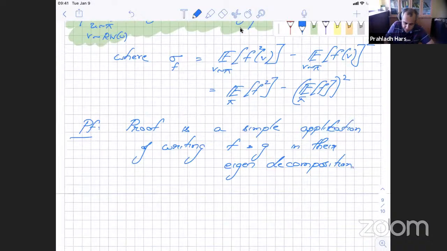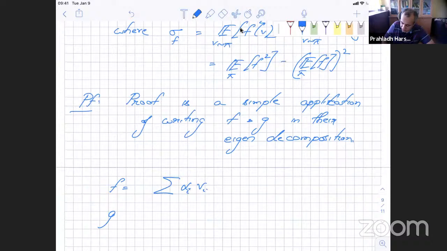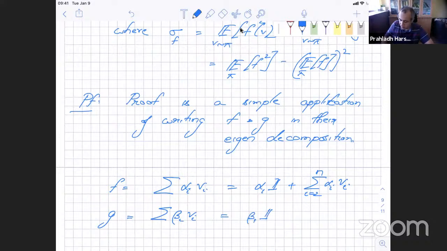So let's write F as the summation of alpha i v_i, which is the same thing as alpha 1 times the all ones vector, plus the sum from i equals 2 to n of alpha i v_i, because I'm separating the all ones eigenvector from the rest. Similarly, G is written as the summation of beta i v_i, which I will write as beta 1 times the all ones vector plus the sum from i equals 2 to n of beta i v_i.